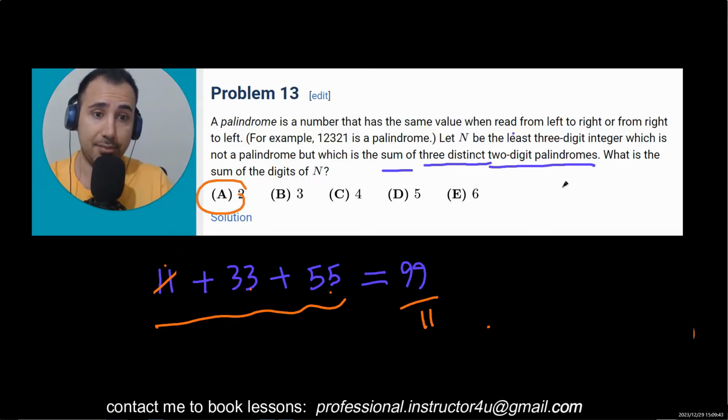So you just have to find a number that is a multiple of 11 and is also 3-digit, which is going to be 110 again. This is the smallest 3-digit number that is also a multiple of 11. So 1 plus 1, 2, A is the right choice.